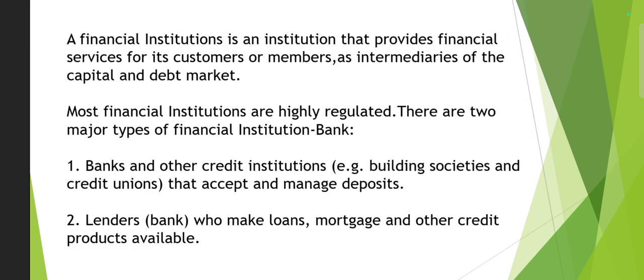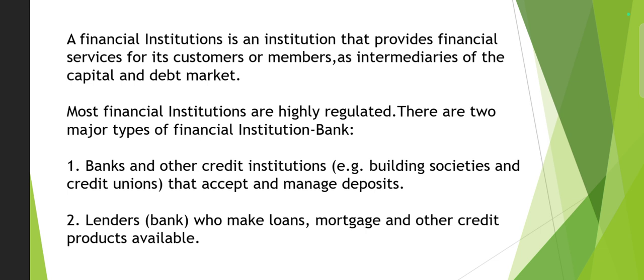A financial institution is an institution that provides financial services for its customers or members as intermediaries of the capital and debt market. Most financial institutions are highly regulated, and there are two major types of financial institutions.